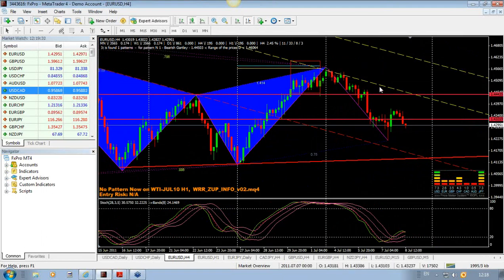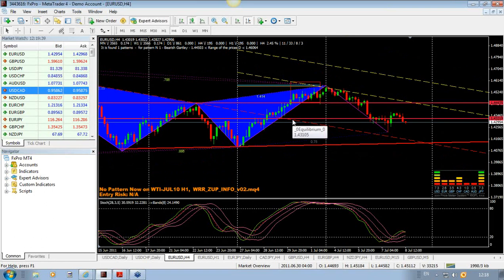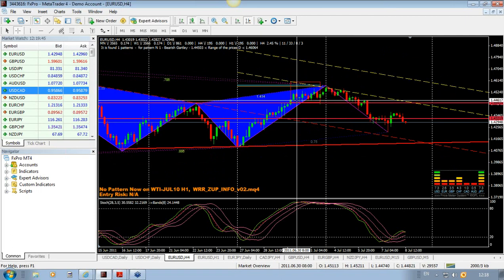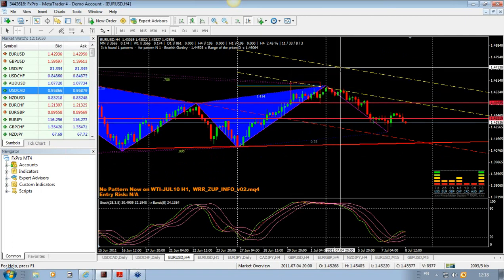Plus, we will also have a channel. The channel is also based on Fibonacci levels, and the prices usually will retrace from one of the channels.